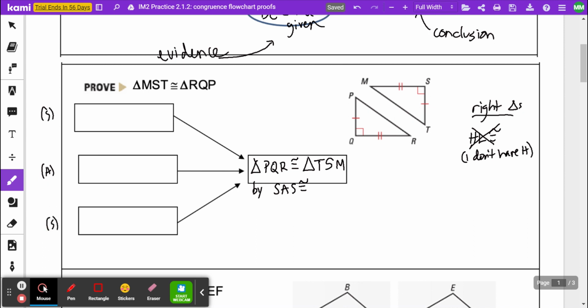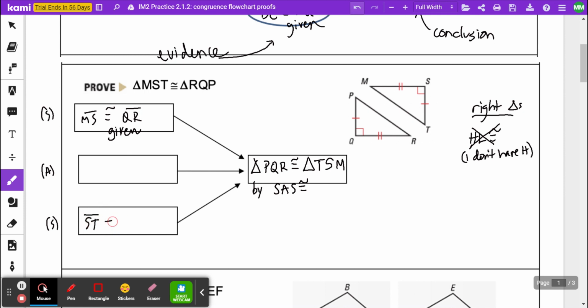First side I'll talk about, it could be either one, I'll do MS. Side MS is congruent to side QR, and that's given. Okay, side ST, and I'm writing this in the side part.